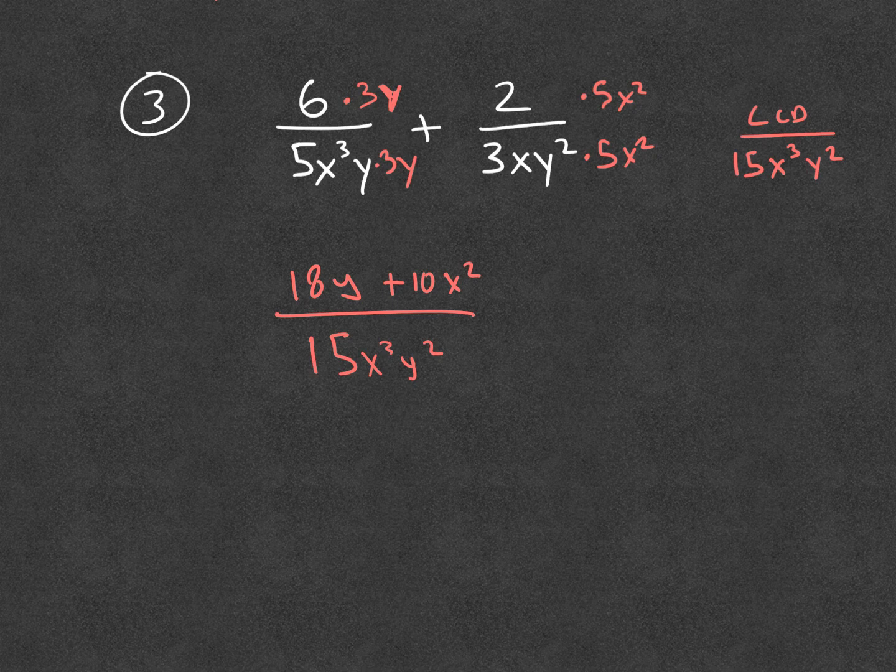There is a GCF there, so we could actually factor out a 2 and get 2 times 9y plus 5x squared, but that doesn't end up with anything that can cancel, like 2 over 15 still doesn't reduce. So that should be over x cubed y squared.